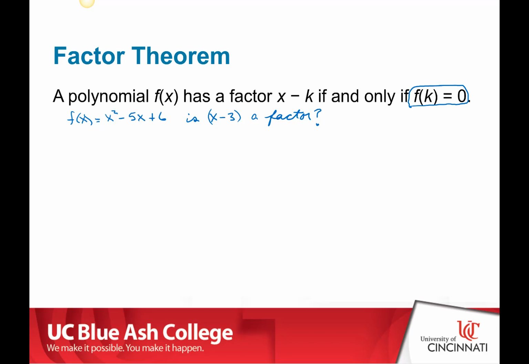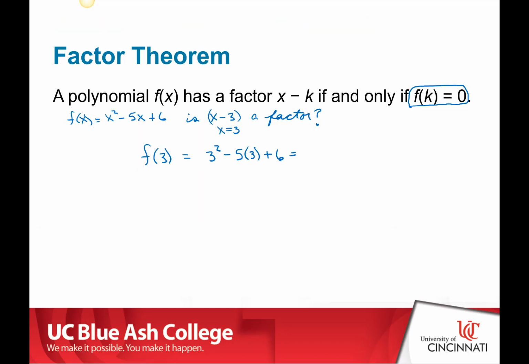What this means, x is going to equal 3, doesn't it? You buy that? If we evaluate the function at 3, we're going to get 3 squared minus 5 times 3 plus 6 equals. What's that equal? It's 0.